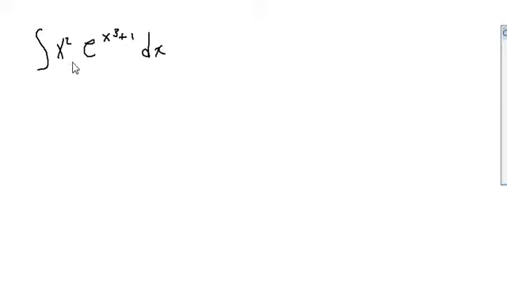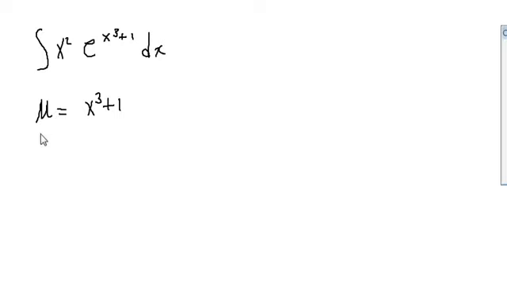So this is why I can use integration by substitution. As far as x is concerned, I have the derivative of this expression in front of the e. So I'm going to introduce u, and I'm going to say that u is equal to x cubed plus 1. Now I'm going to take the derivative of u with respect to x.